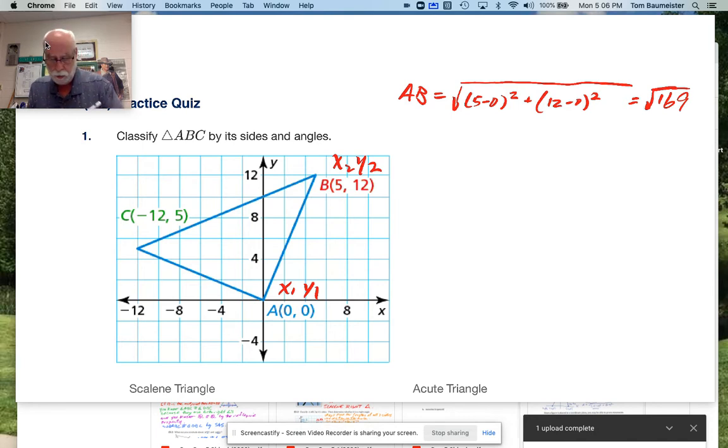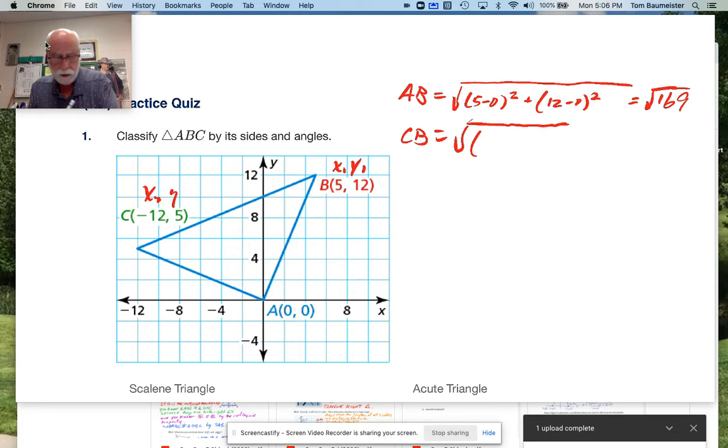Okay. So then the next one I'm going to do is CB. And again, I just chose which ones to do. We're talking length, so I'm going to say the length of CB. And if I did this, I went with this one here as x1, y1, and then this one x2, y2.